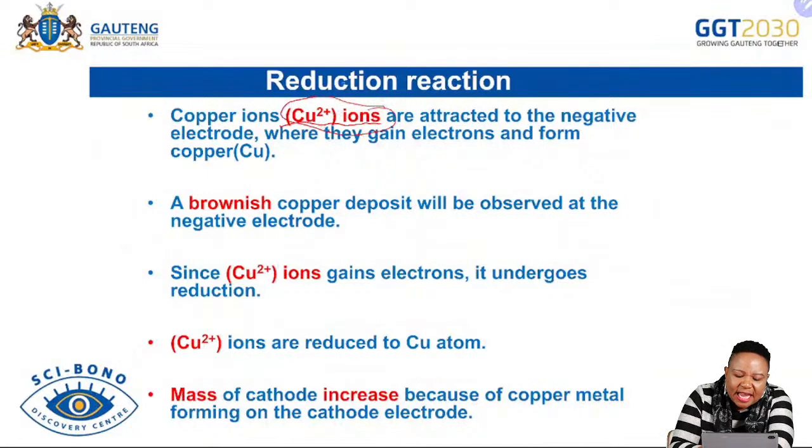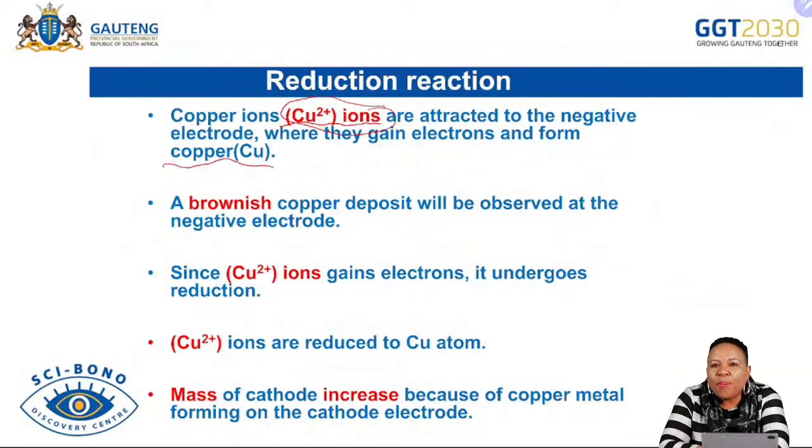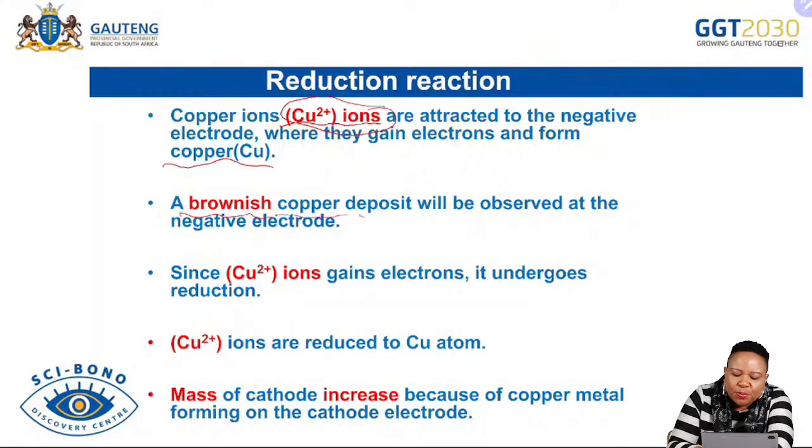And as they are gaining those electrons, they are going to be reduced to copper, meaning that there will be a copper solid forming at the site of reduction. So a brownish substance that is seen coating the electrode where reduction will occur is because of the copper being deposited on top of that electrode.